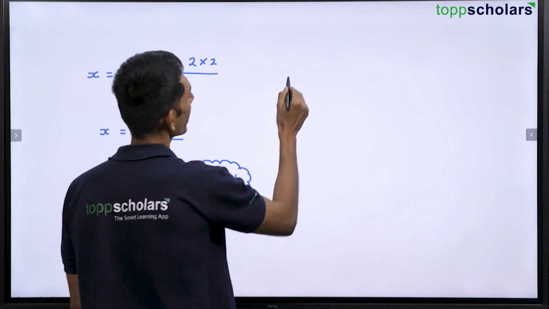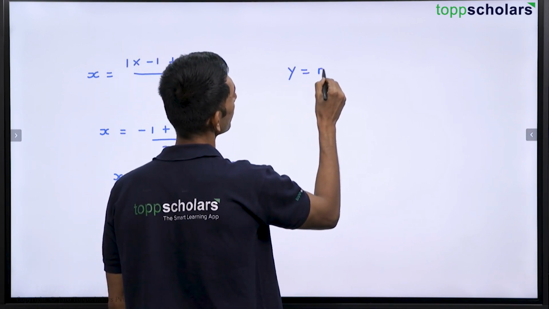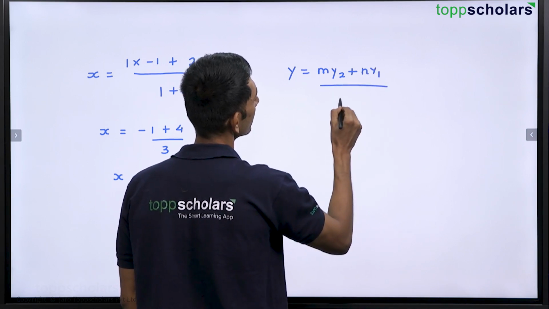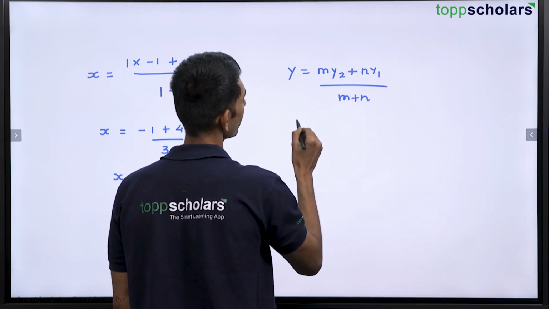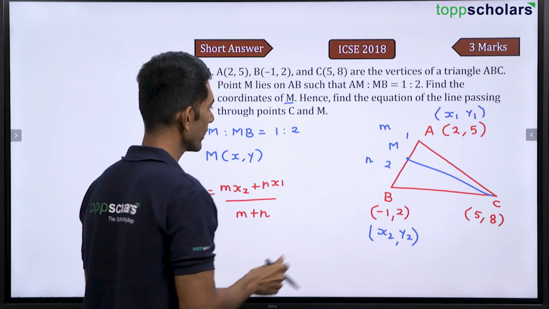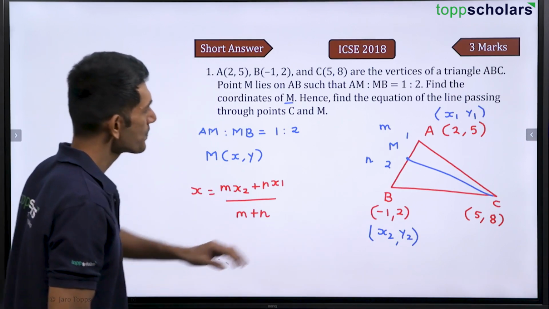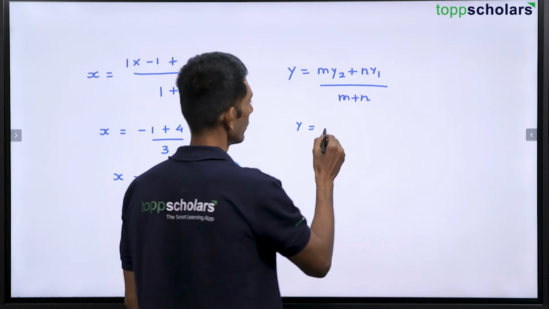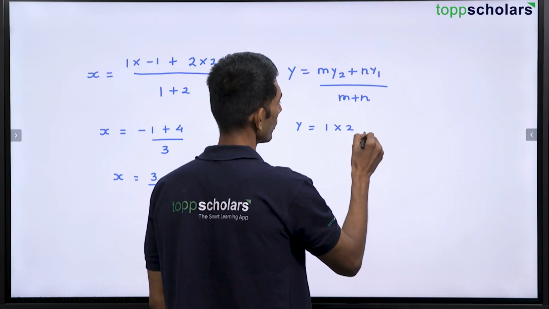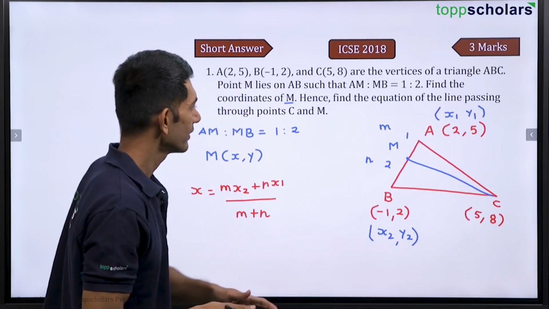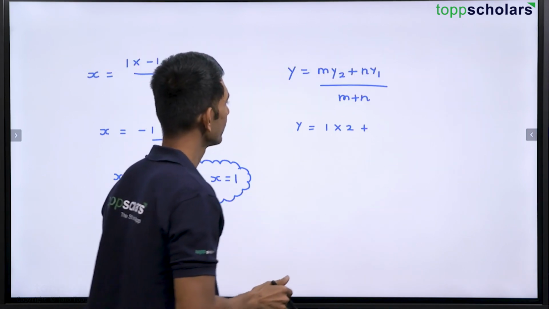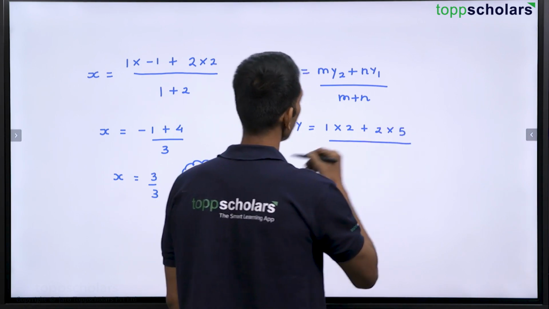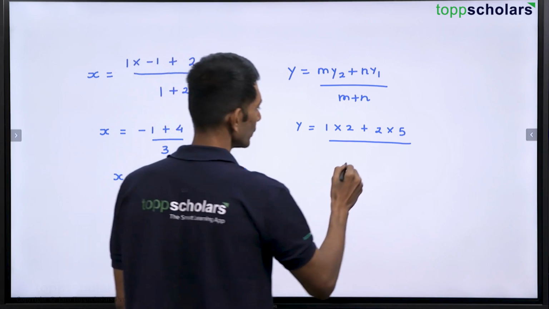Now let's talk about y. y is equal to (my2 + ny1)/(m + n). So y will be equal to m into y2, that is 1 into 2, plus ny1, that is 2 into 5, by m plus n, that is 1 plus 2.